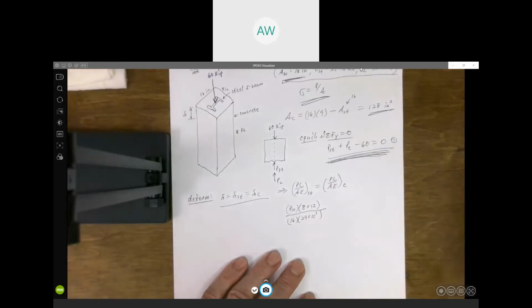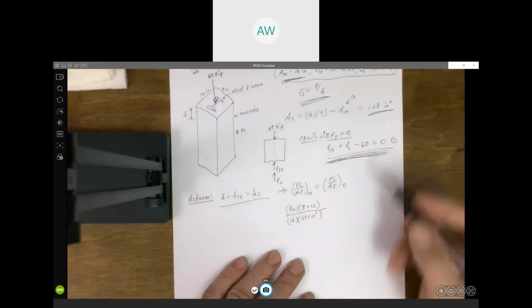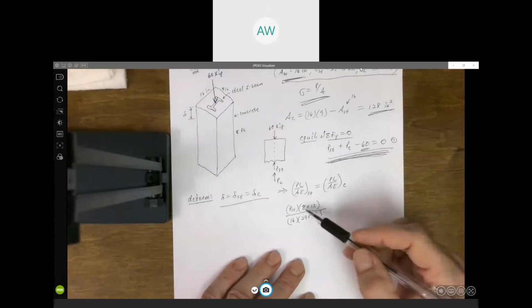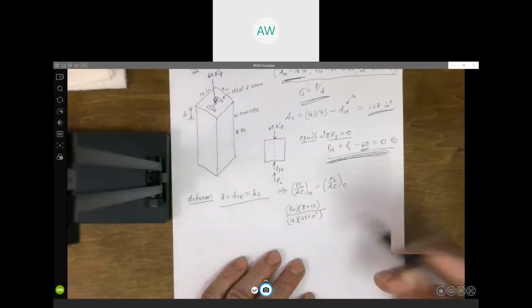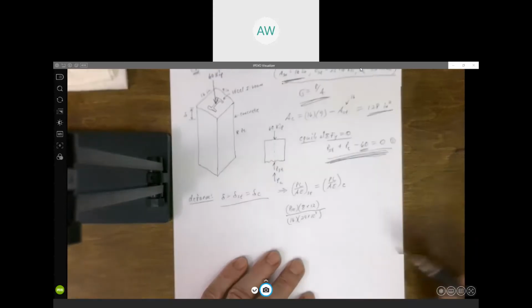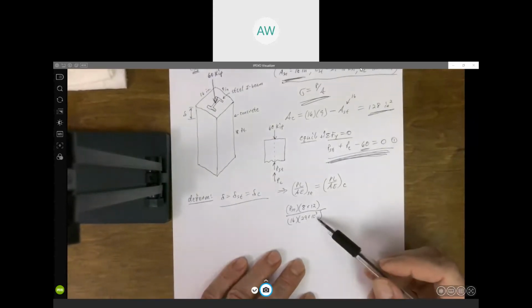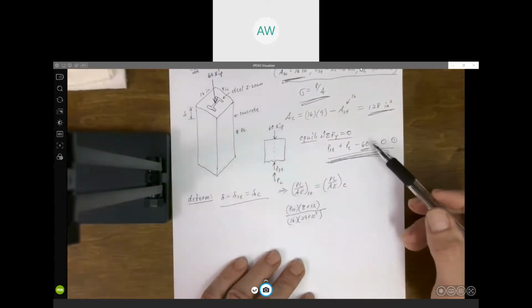As far as units go, notice this is KSI. Our force here is in kips. So we're okay if we leave this in KSI, our force is going to come out in kips. Just be careful unit-wise. If you convert this to PSI, you need to convert that to pounds instead of kips.